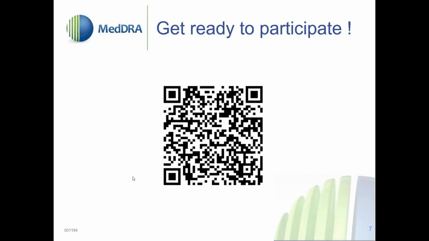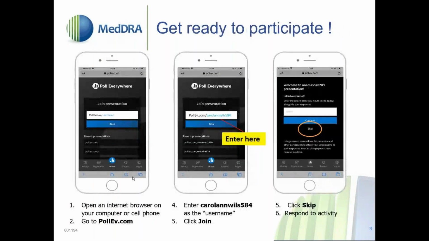It will bring you directly to the first poll question. Or you may enter the indicated web address into the URL bar at the top of your internet browser in your computer, tablet, or cell phone, and it will then, so here it is, paulf.com, and it will take you to a log-on screen and you'll be asked for a username.